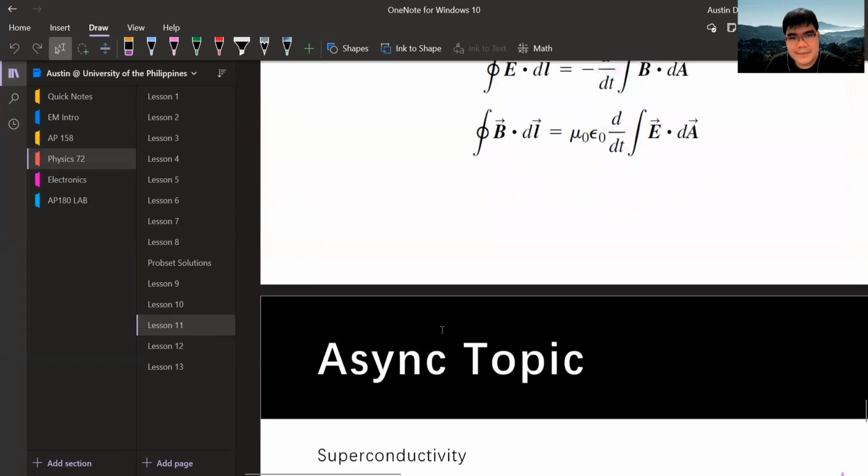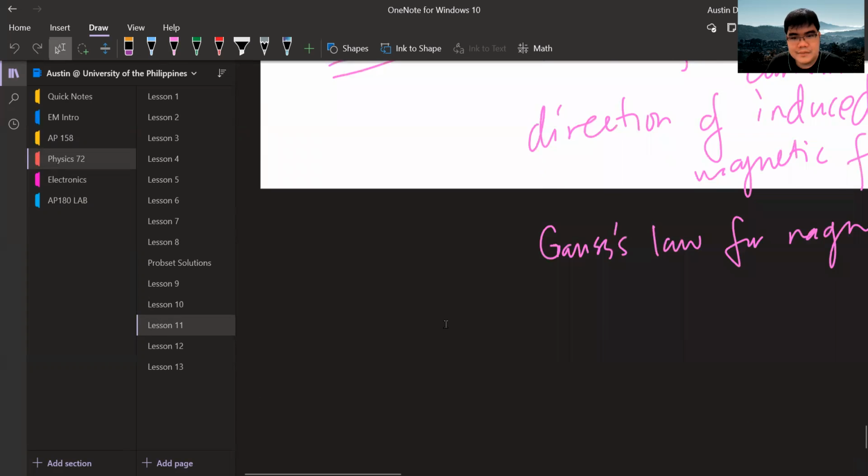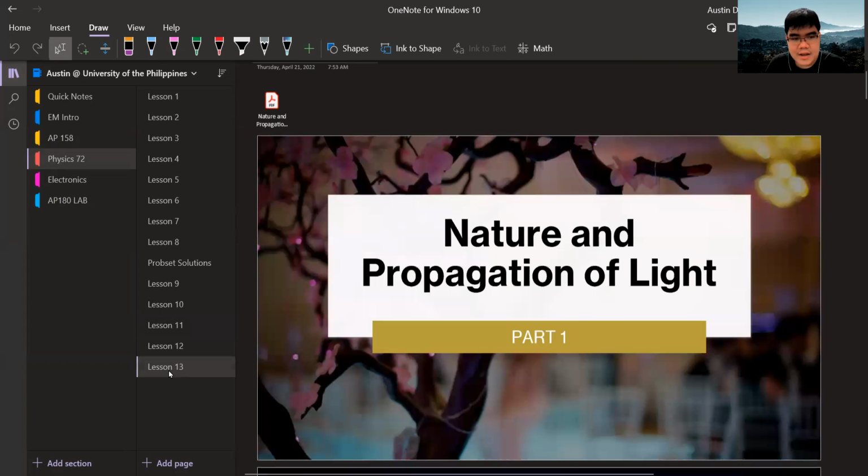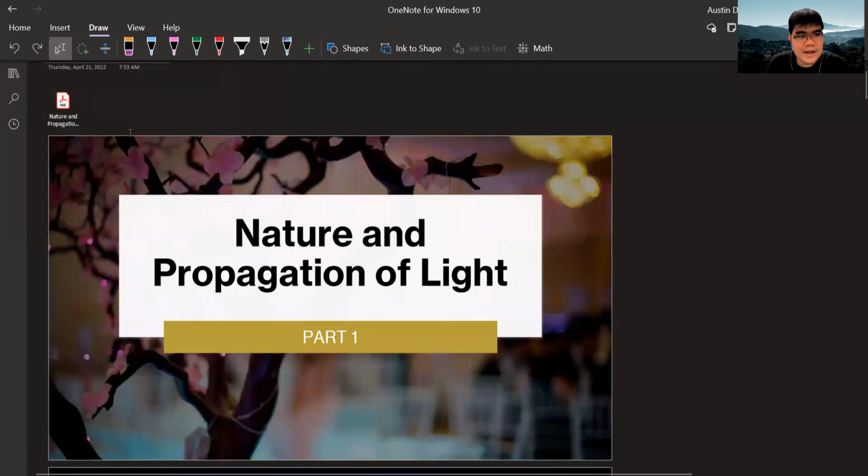Tapos nung kinumbine ni Maxwell itong mga equations na ito, he found out that light is made of electric and magnetic fields. Okay, so kapag you have electric and magnetic fields that are dancing together, you produce light.